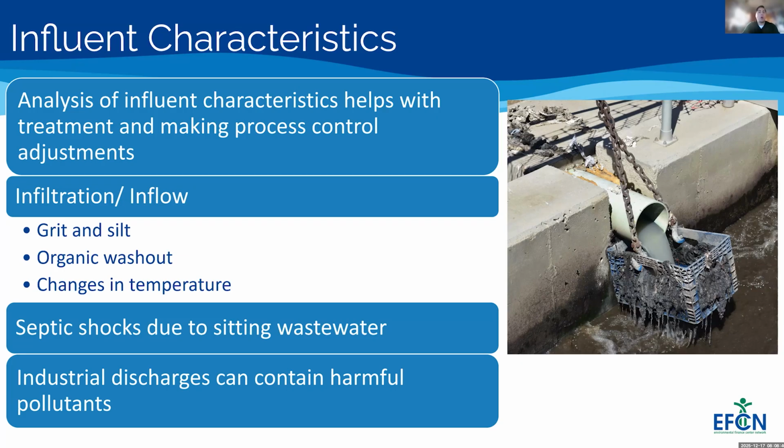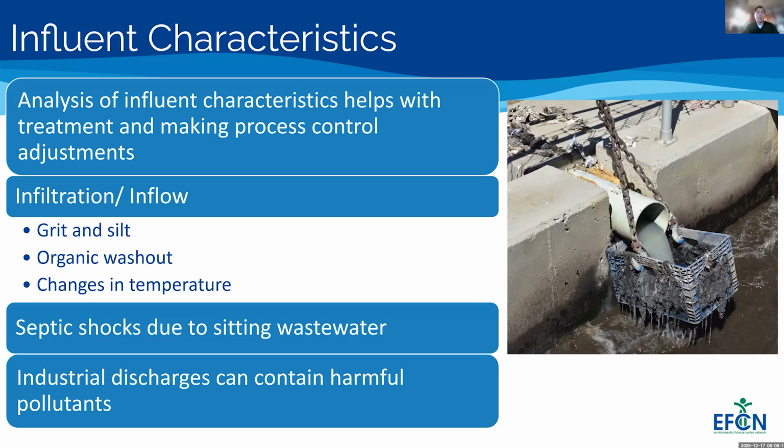It usually results in a colder influent temperature due to things like rainwater that infiltrates the system and decreases the temperature of the water in the activated sludge process, which can inhibit our normal operation. Then, with sitting water in our wastewater, we can also have septic shock that can threaten our system as well.